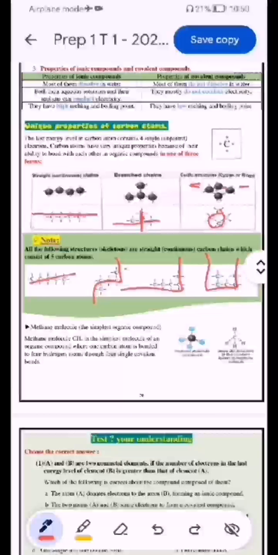And the simplest organic compound is called methane, CH4. Organic compounds are compounds that contain carbon mainly bonded to hydrogen.